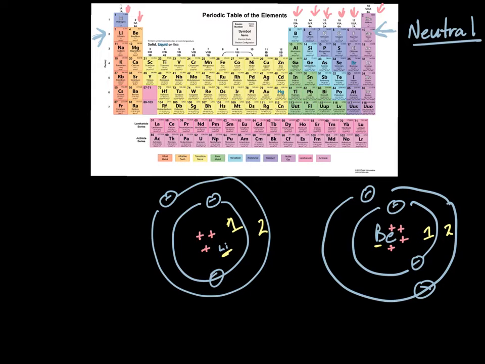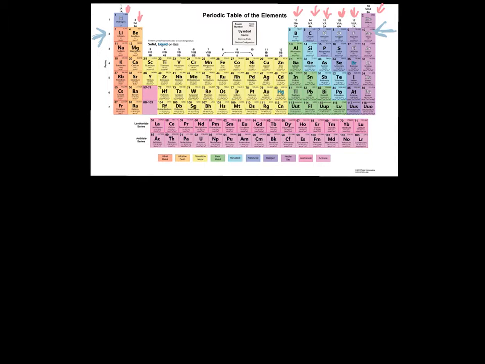So I wonder if I could erase. Let's see. Oh, that's not erase. All right. So now we're going to go ahead and do boron, carbon, nitrogen, oxygen, fluorine, and neon.